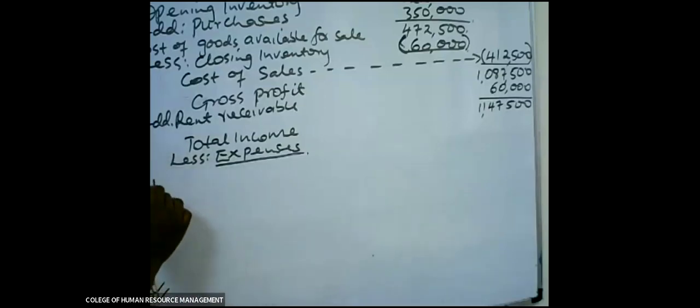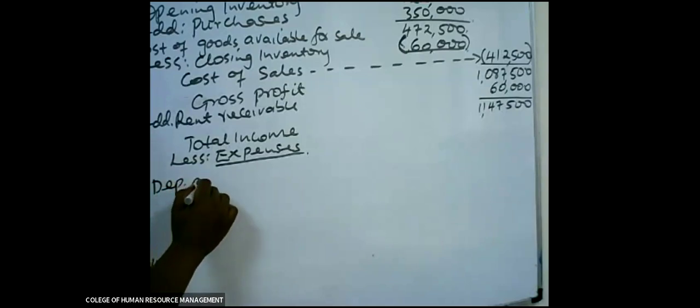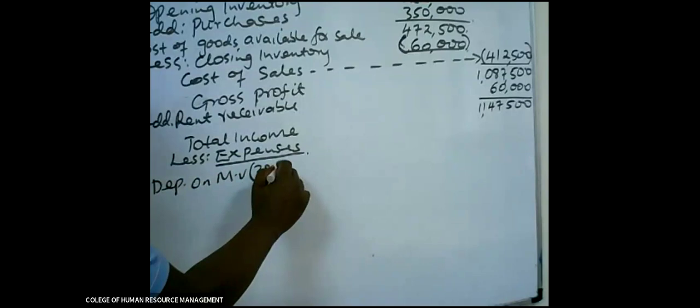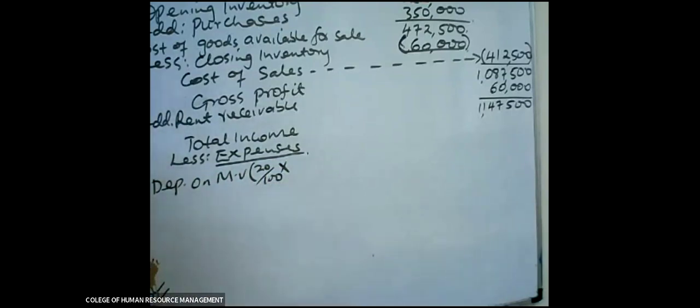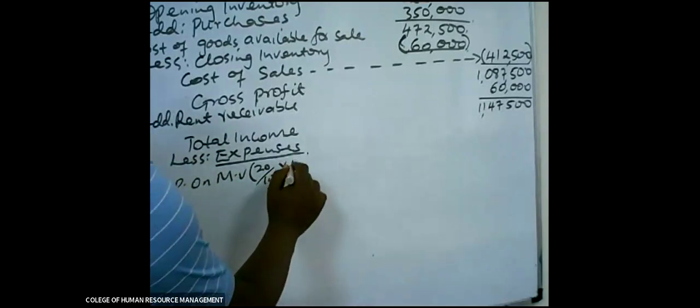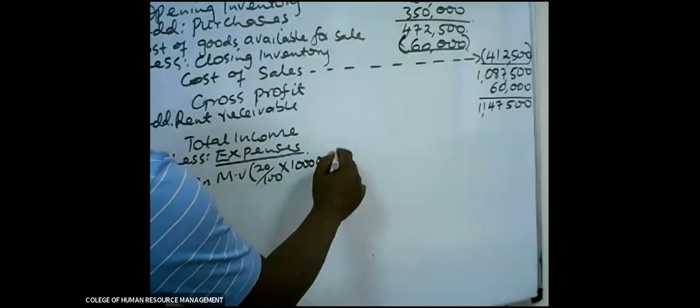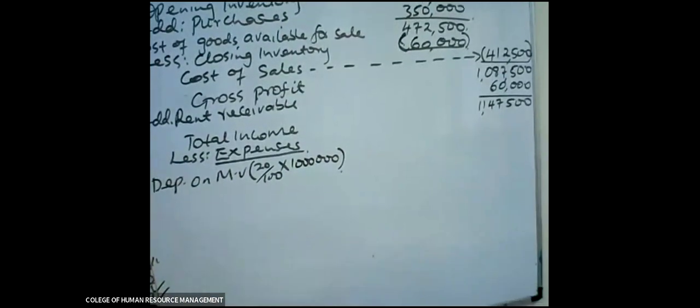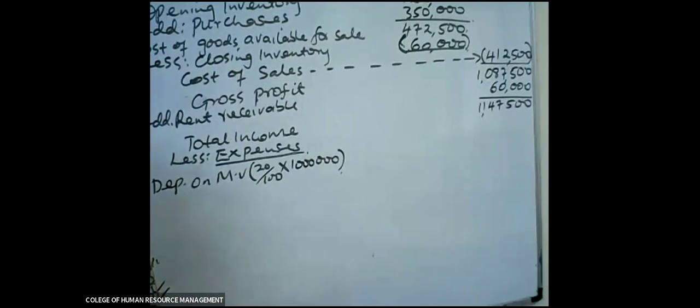So depreciation is an expense, right here, depreciation on motor vehicle, 20% times the value of the motor vehicle. The motor vehicle is 1 million. So what is 20% of 1 million? 200,000. That is an expense.